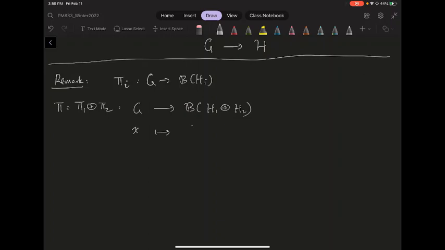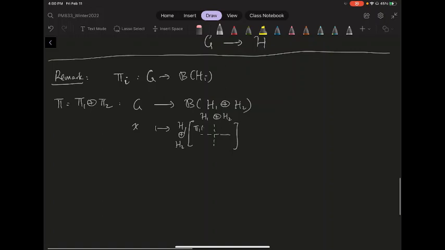Things in H_1 plus H_2 you can think about as a 2x2 matrix, an operator matrix: you put pi_1(x) here and pi_2(x) here, and the off-diagonal entries are 0. Sometimes we also write it as just the direct sum of these two operators.